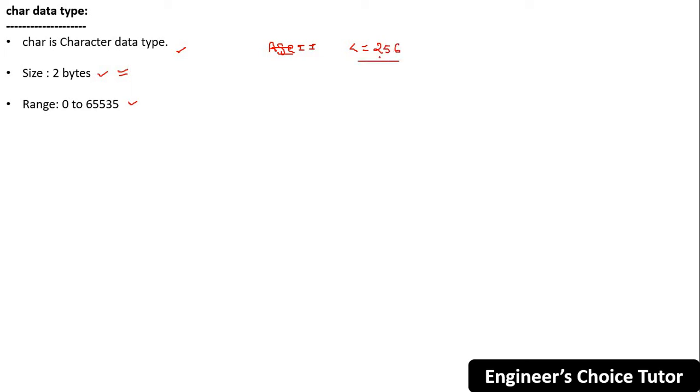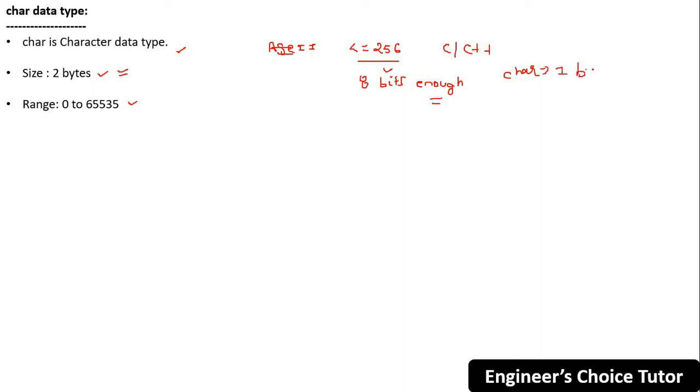So to represent 256 characters, 8 bits are enough. That is the reason in the old languages like C and C++, the size of the char is 1 byte.